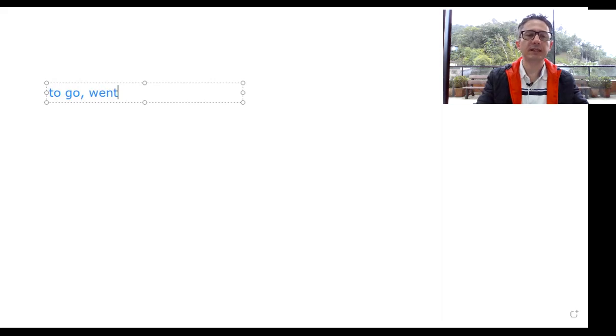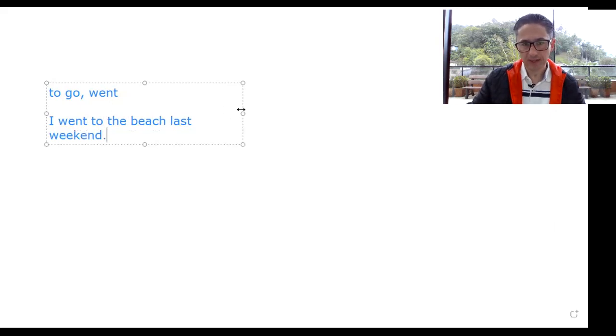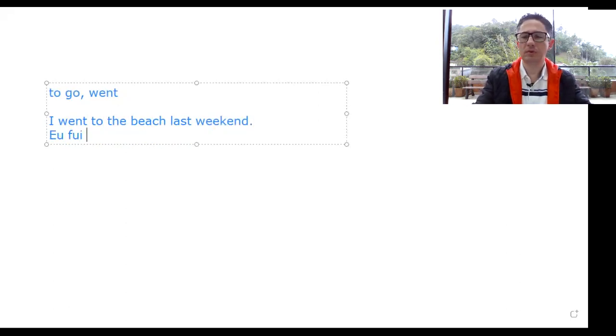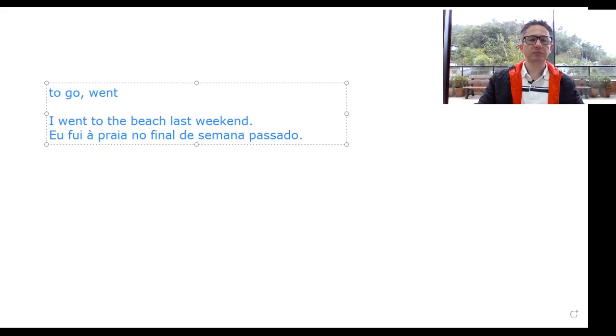So when I say I went to the beach last weekend, for example, here you have eu fui à praia no final de semana. Okay, I went to the beach last weekend.